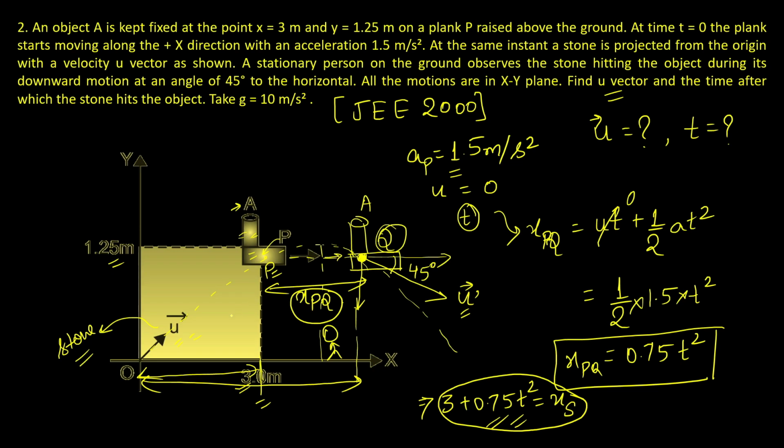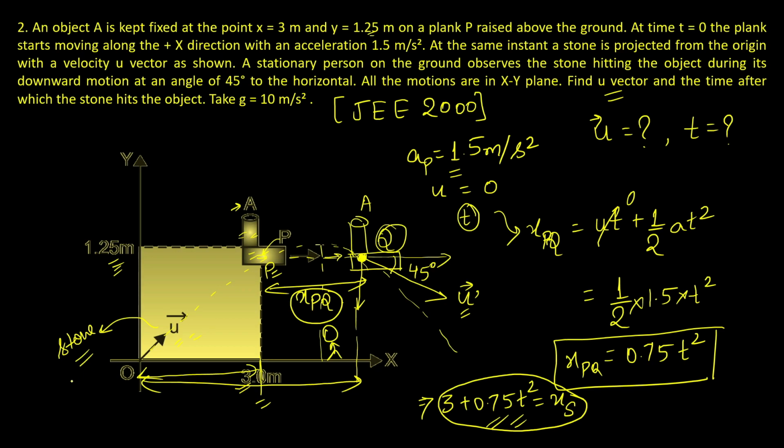Now this is regarding the x direction distance. The other thing is the y direction. The height for plank P is not going to change. It will be 1.25 meters only, because this plank P is moving in a straight line and the stone is going to hit at that same y, that is 1.25 meters.